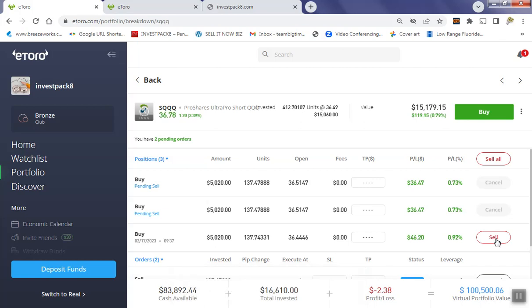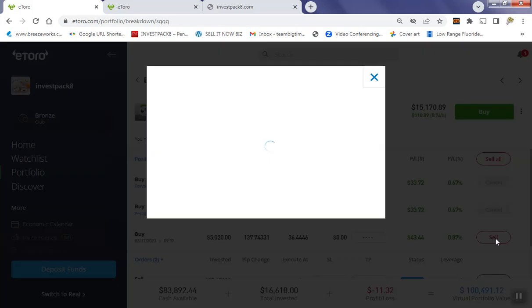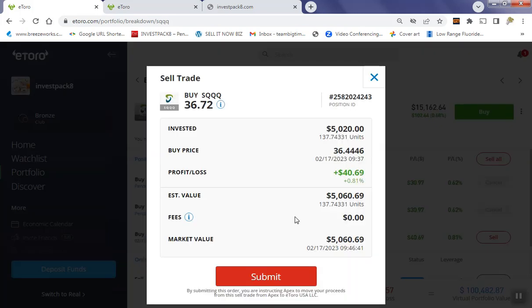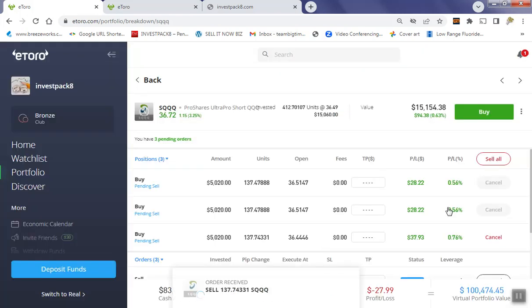What else? I'm gonna sell that one. I let it go up a little bit before I sell it. Oh, it ain't gonna move. So I'm gonna sell it anyway.